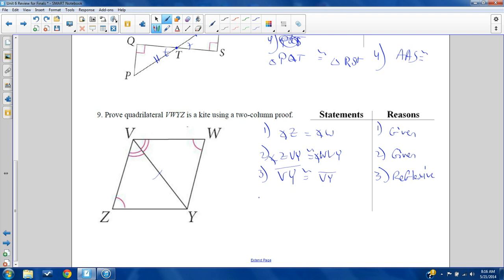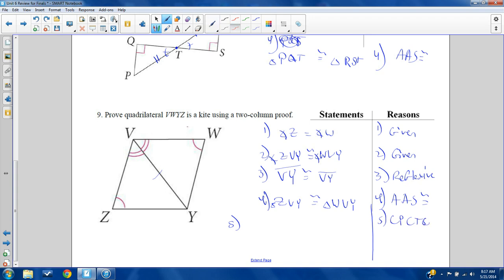Okay, now I have a triangle congruency statement I can make. Triangle ZVY is congruent to triangle WVY by angle, angle, side with angle, angle, side. So I have angle, angle, side here. Now what that helped me do, again, running out of time, so I'm going to do it quickly, is make other congruency statements, and this one's kind of going to be bigger. I don't have much room. This is going to be my CPCTC reason.